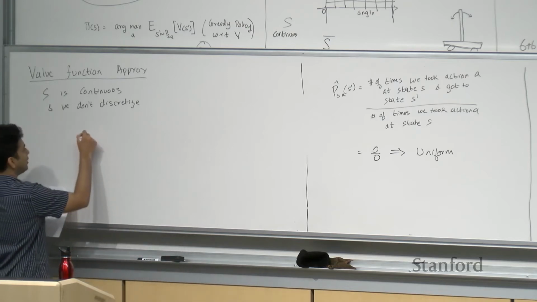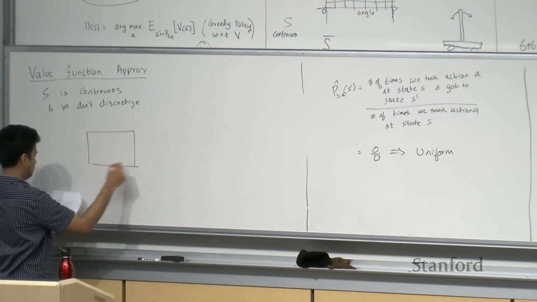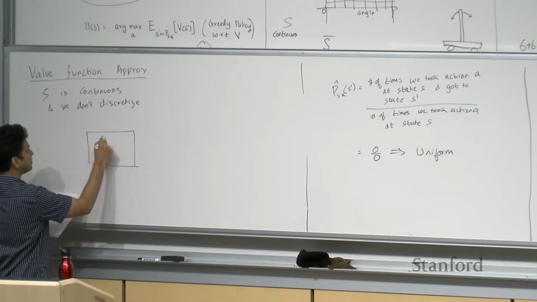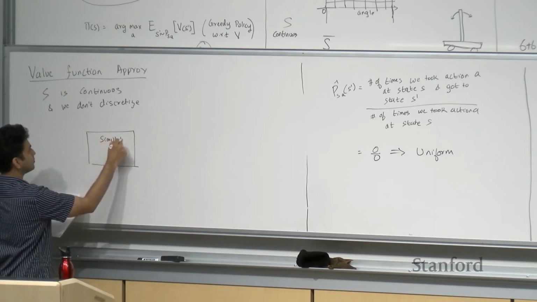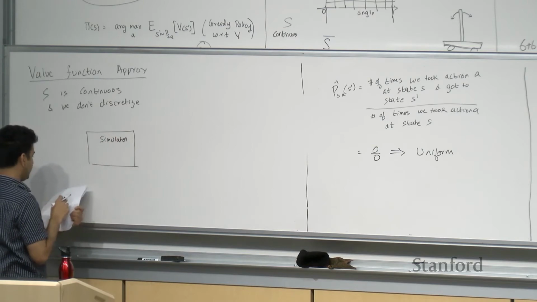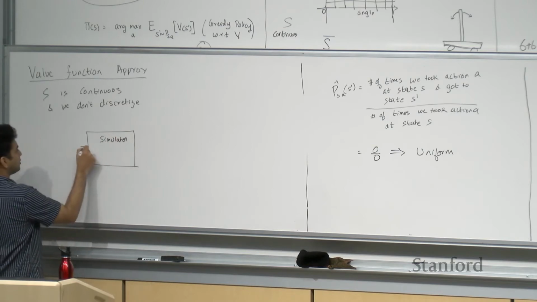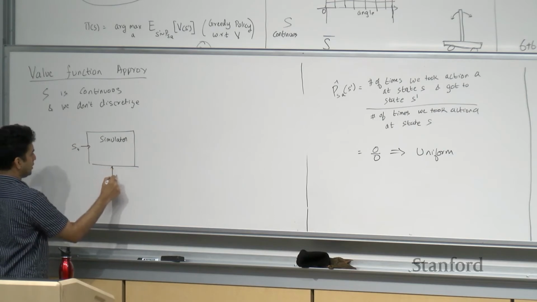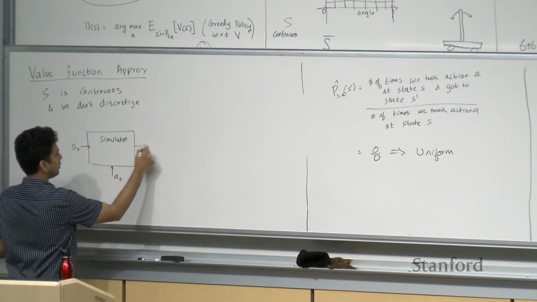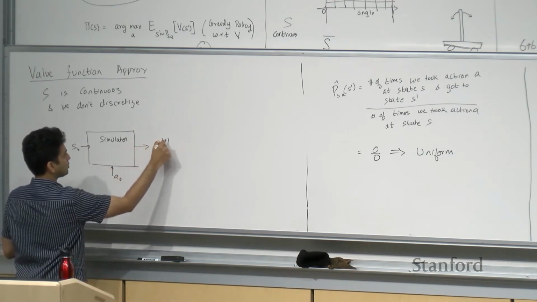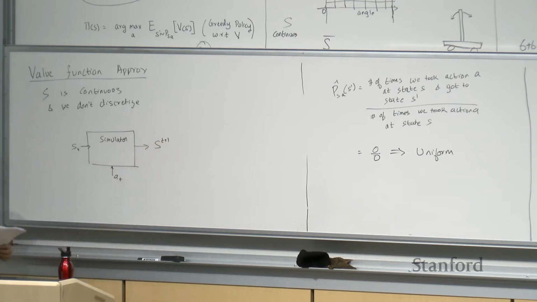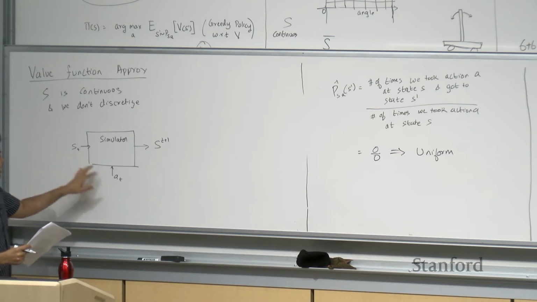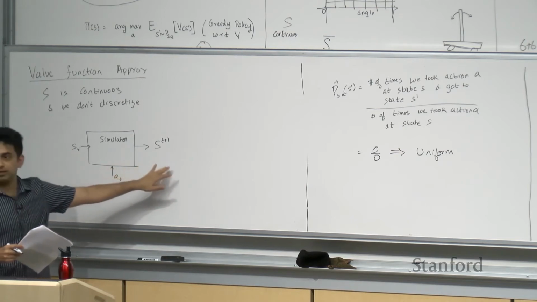The simulator accepts some state S_t and some action A_t, and you get S_{t+1}. So assume you have a simulator that takes as input the current state and the action and outputs the next state.